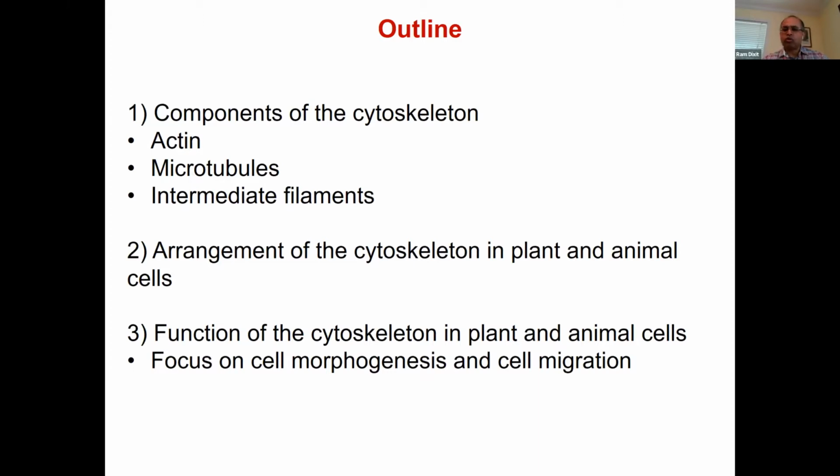So we will focus on cell morphogenesis and animal cell migration as examples. And you've already seen some of this in Amit's talk yesterday. He talked about focal adhesion sites and stress fibers, which are composed of actin filaments. Anders probably talked about actin also in his talk on forces in cells. Probably you haven't seen much about microtubules so far.